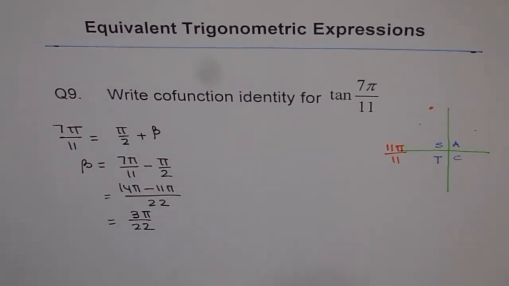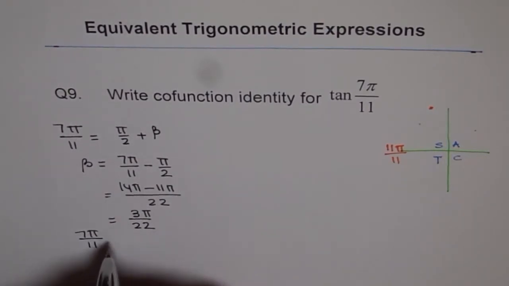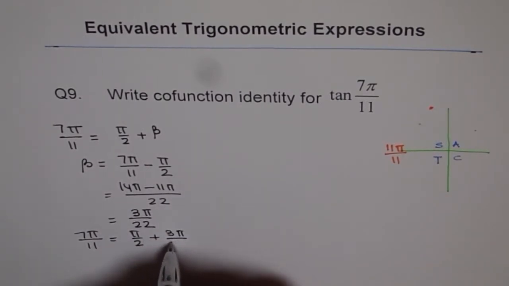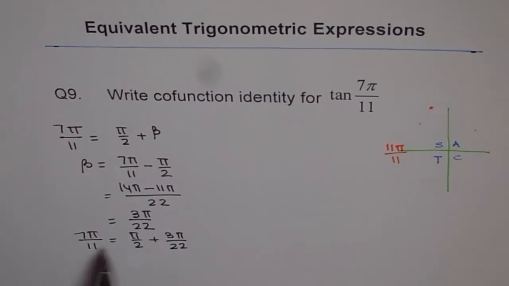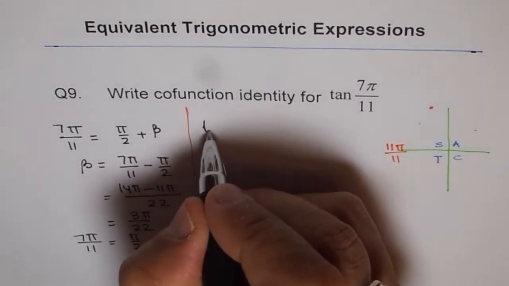So that means that 7 pi by 11 can be written as pi by 2 plus 3 pi by 22. Do you get it? So that is how we can write 7 pi by 11, right? Now we will rewrite this expression.